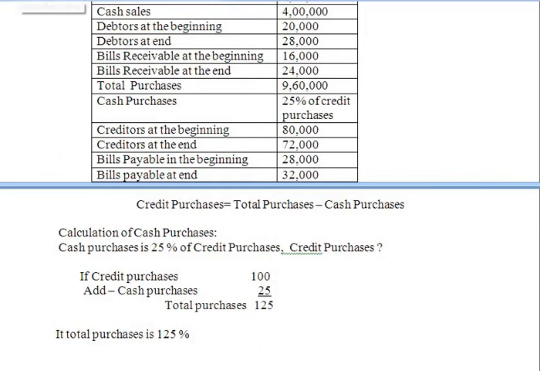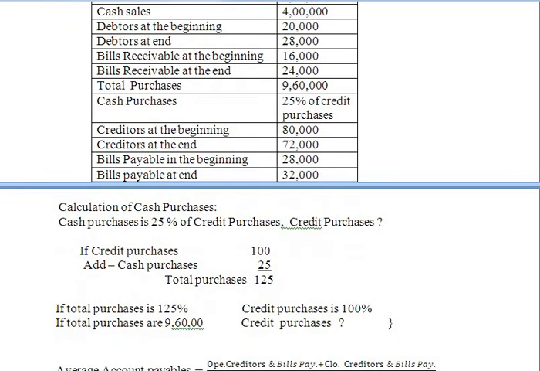So we'll write this way. See here, if total purchases is 125%, then credit purchases is how much? 100%, right? If total purchases are 9,60,000, then how much is the amount of credit purchases? That we don't know. We need to find it out. So it is a simple mathematical calculation.